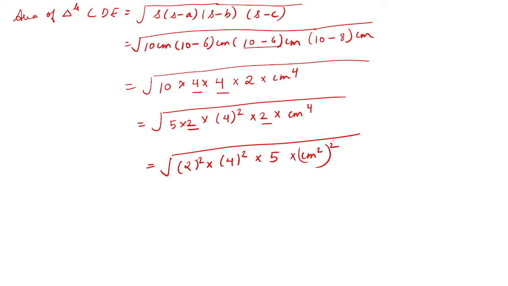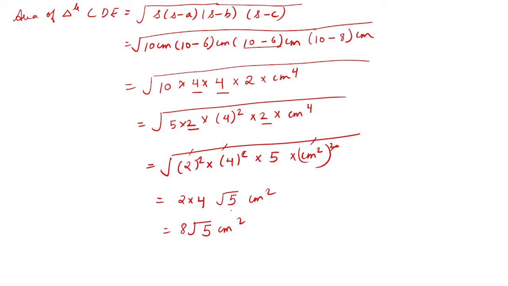Again, for those of you who are confused with the next step, I suggest that you separate them out, but since we have done enough questions, I'm just doing it directly. Clear? So I'll be left with 2 into 4, the power will cancel out, but 5 you'll have to leave as it is, into centimeter square. So this becomes 8 root 5 centimeter square.